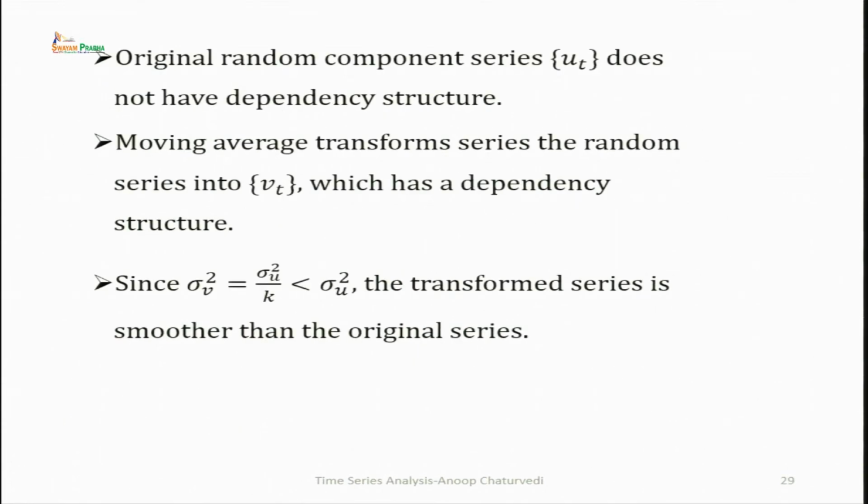You know that the original random component series u_t does not have any dependency structure. We already assumed that the u_t are independently and identically distributed, so the correlation between any two terms of u_t is 0.